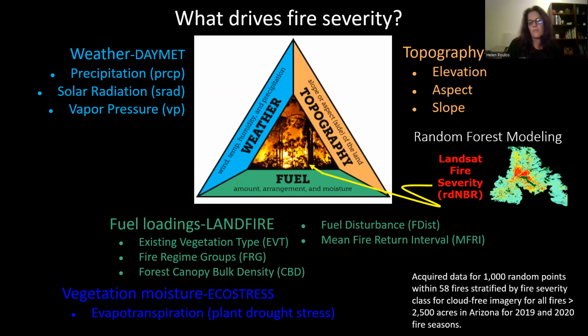Fire severity data are relativized differenced normalized burn ratio data, and that is also available at the MTBS website. So I used all these geospatial data clearinghouses to try to put together this model of predictor variables and then outcomes of fire severity. So we did this at 1,000 random points, 58 fires, and on cloud-free imagery.